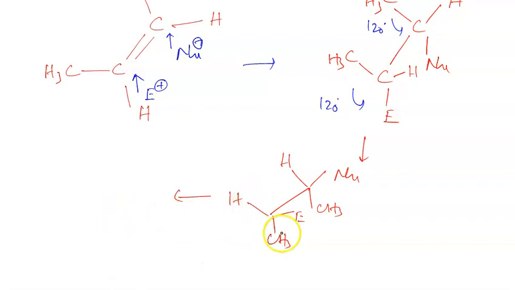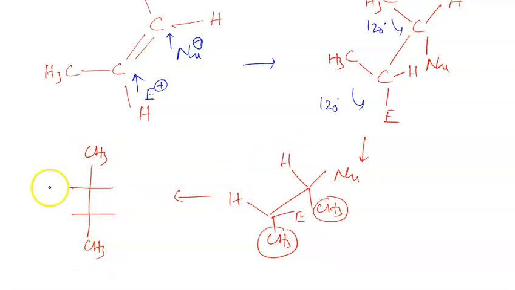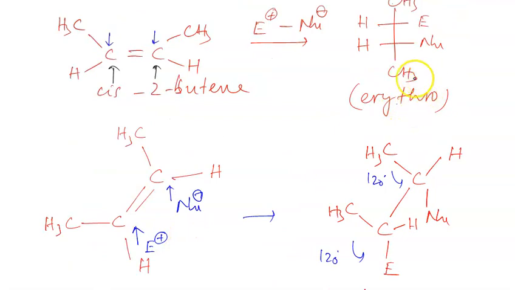We can draw it like this. When we are converting a Sawhorse structure to a Fischer structure, the groups which are down, one will be at the top and one will be at the bottom. Then on the left side keep two hydrogen atoms, here Nu and here E. Now if you see, this is exactly coinciding with this structure.